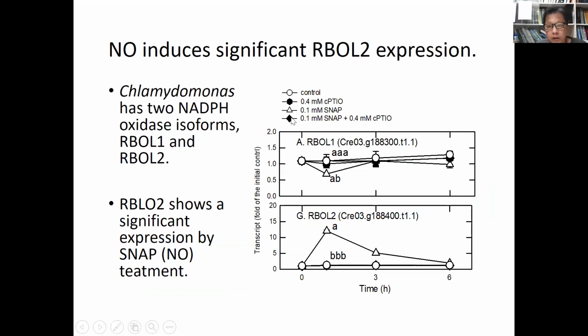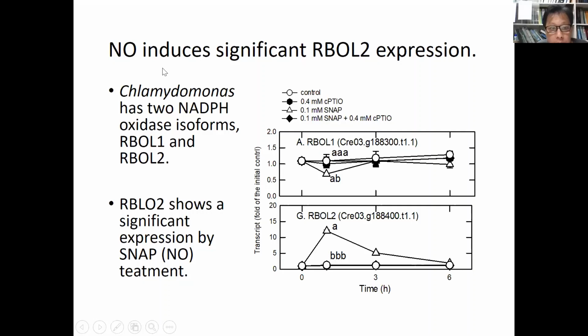So the above results indicate that H2O2 can interact with NO for the induction of cell death under high-light condition or under normal condition.